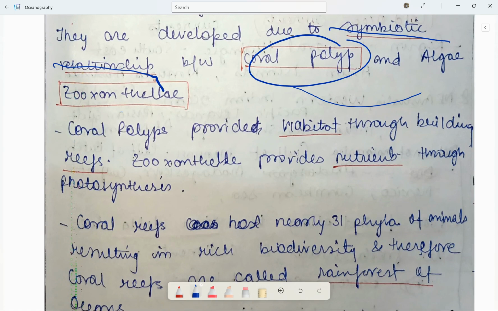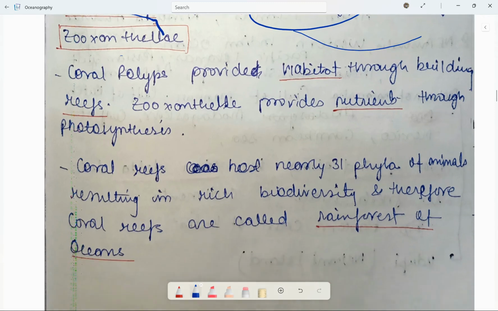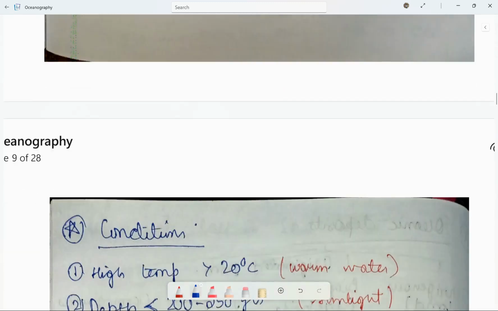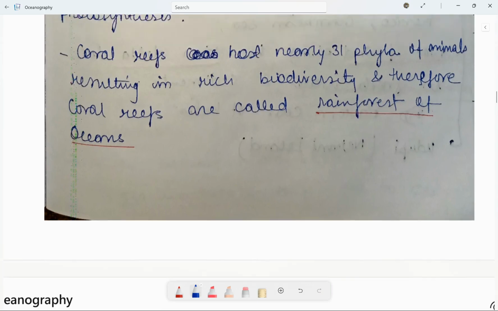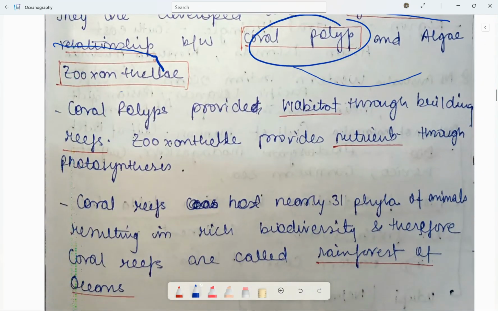Now the question is why there is a symbiotic relationship between the two. This is because the coral polyps provide habitat through building the reefs, and on those reefs the algae settle down and they provide nutrients through photosynthesis.